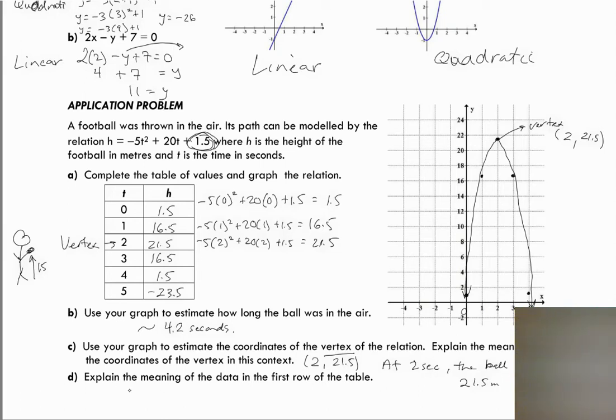Explain the meaning of the data in the first row of the table. So this first row, what's happening here? Well, we call this the y-intercept, or initial value.